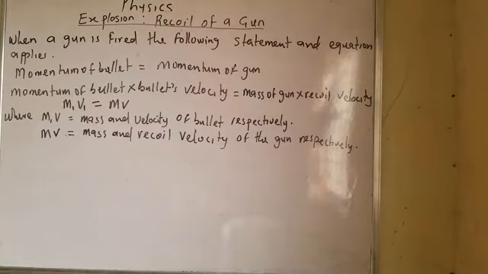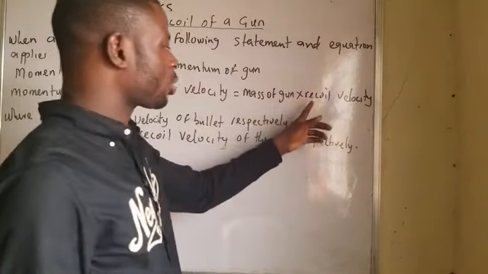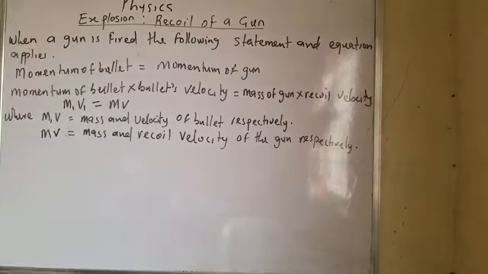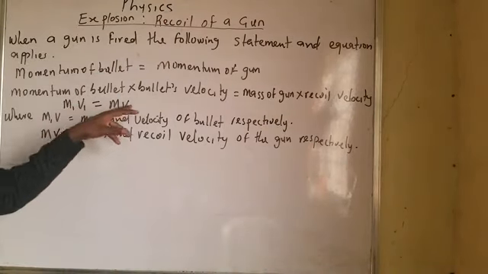The first: momentum of the bullet equals momentum of the gun. The second: mass of bullet multiplied by velocity of bullet equals mass of gun multiplied by recoil velocity, which is m1 v1 equals M V.